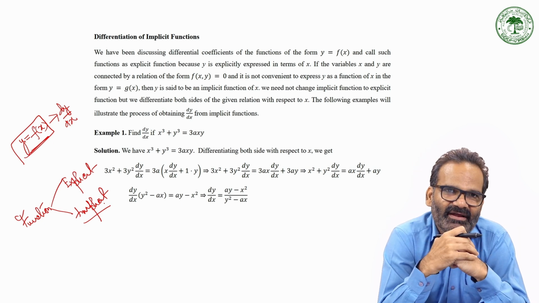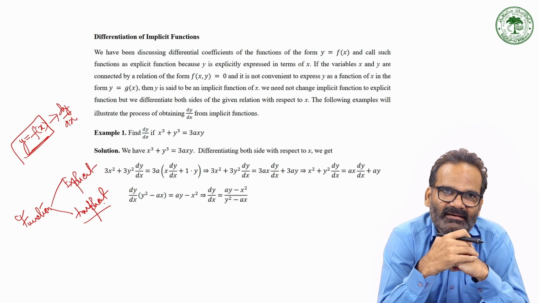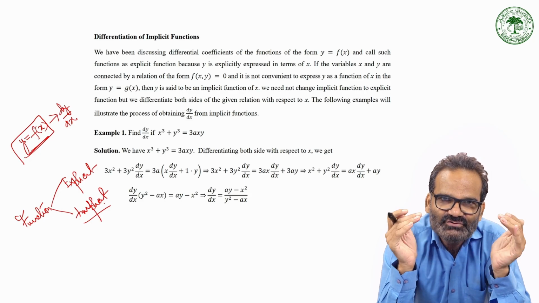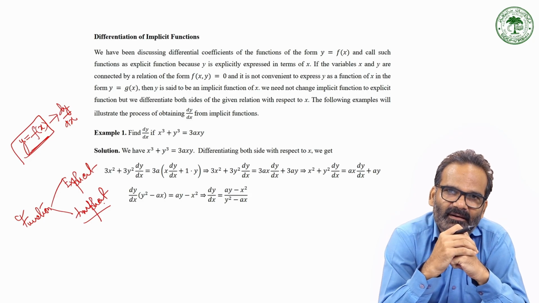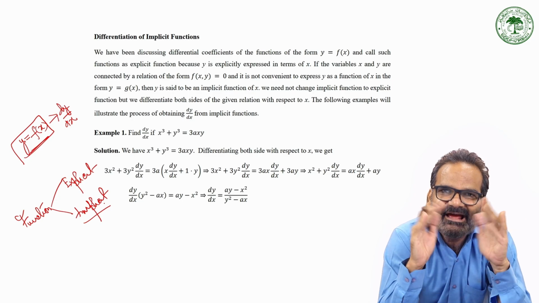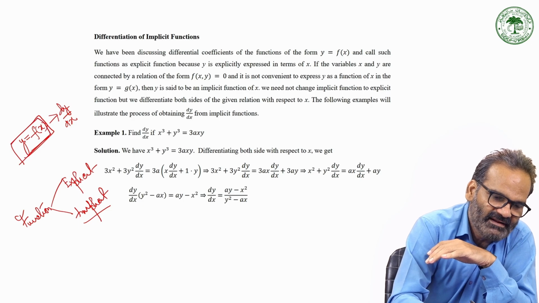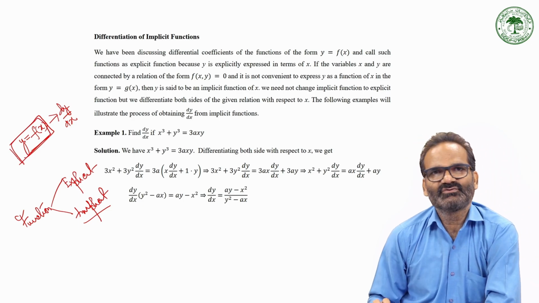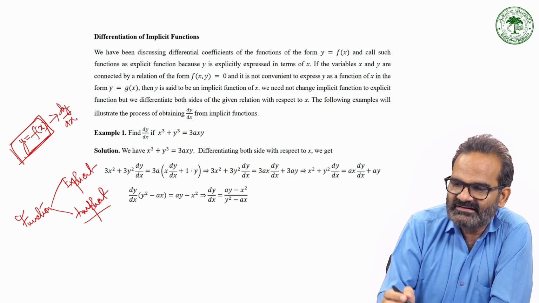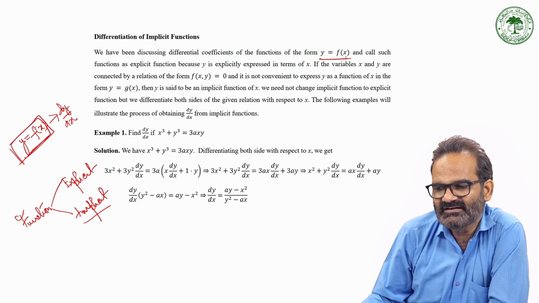In the same way, if we have a relation in which two variables x and y are related in such a way that they cannot be explicitly expressed in our earlier form, then such a function is known as an implicit function. Look, this is the format of our explicit function.